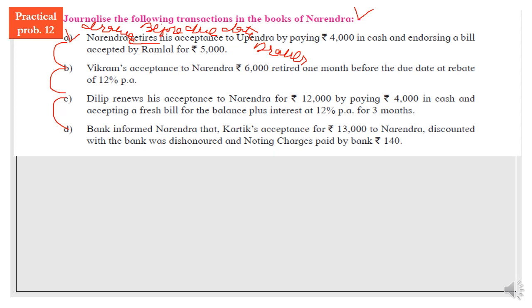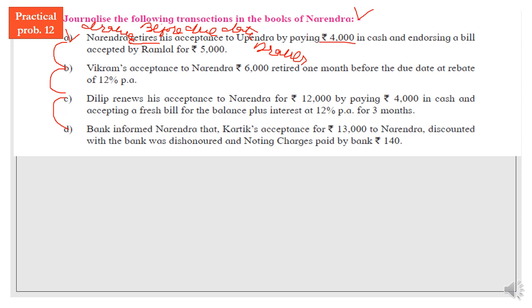But how is Narendra settling this transaction? Narendra is retiring his acceptance to Upendra by paying 4,000 in cash and endorsing a bill accepted by Ramlal for rupees 5,000. Upendra is a drawer of Narendra, and Narendra has to pay 9,000 to him.